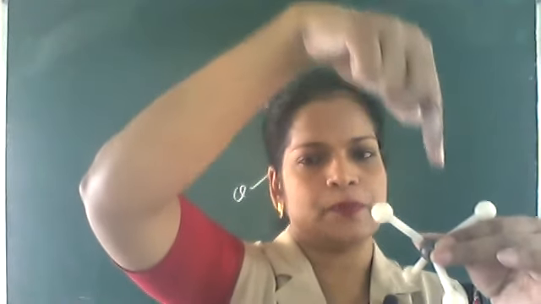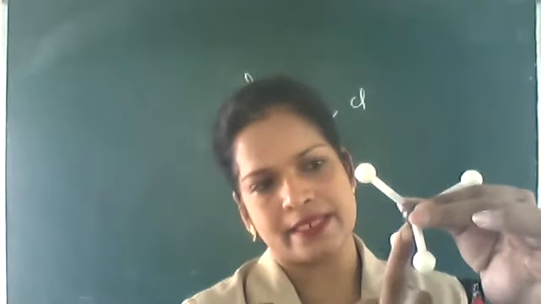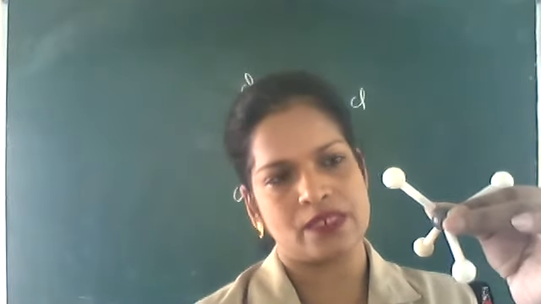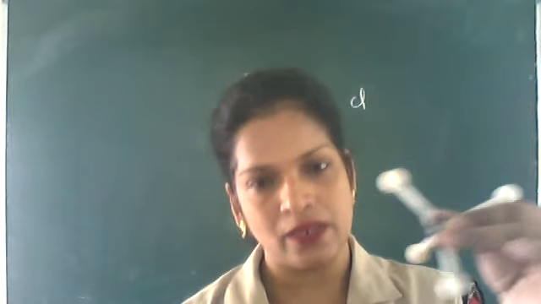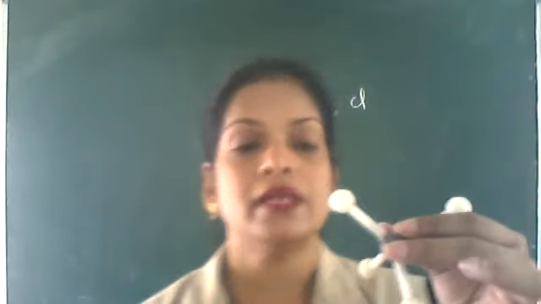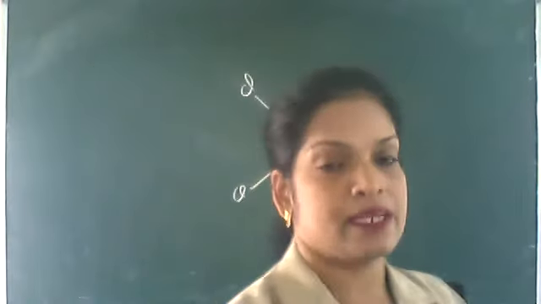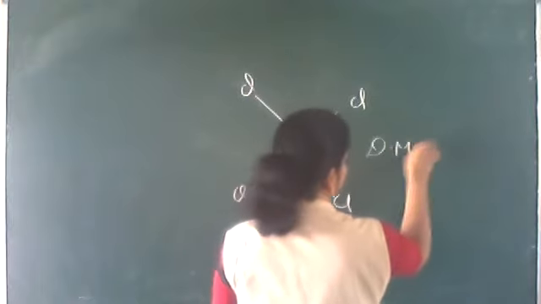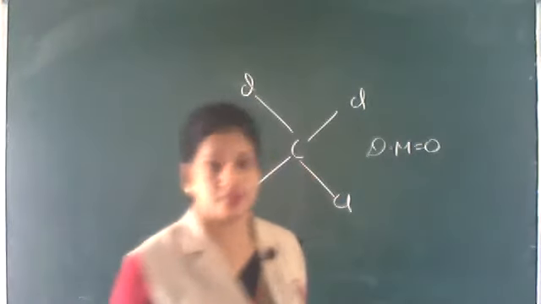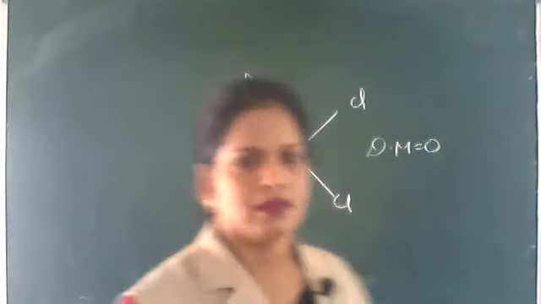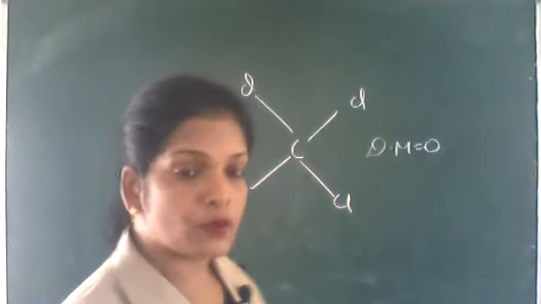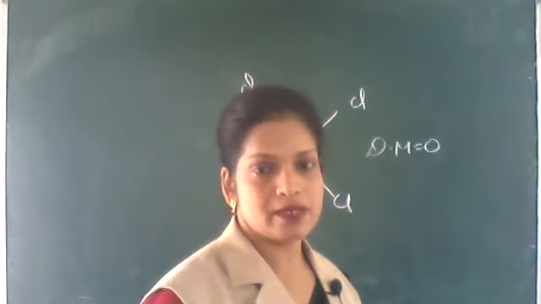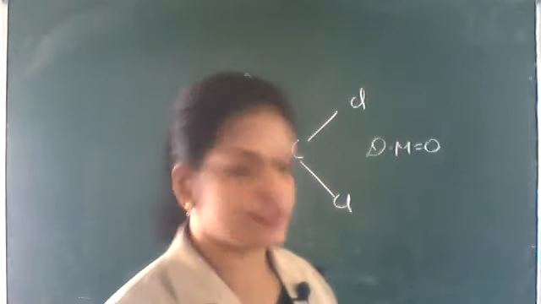This is upwards, and here it is downwards. So these are mutually opposite to each other, equal and opposite to each other. So it gets cancelled. So we say CCl4's dipole moment is 0. Here all chlorines are electronegative. On each bond there is a dipole moment. The resultant dipole moment is 0.